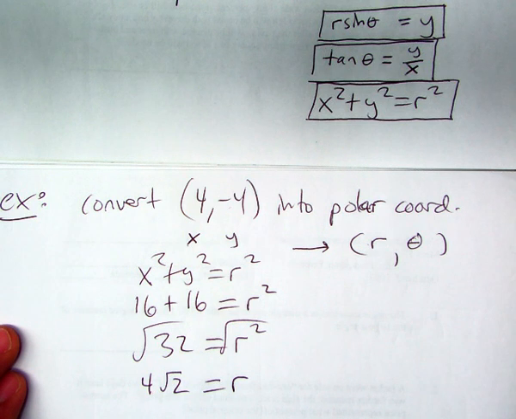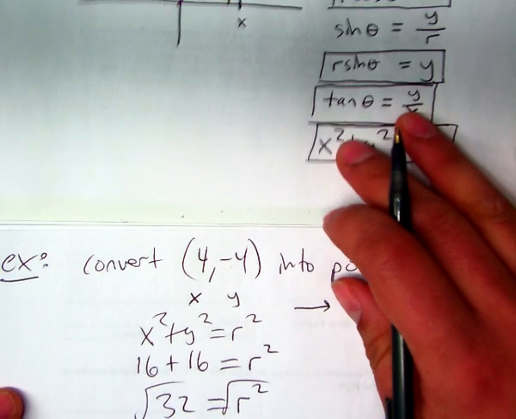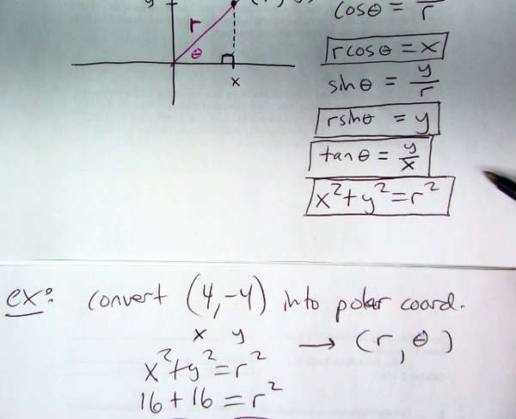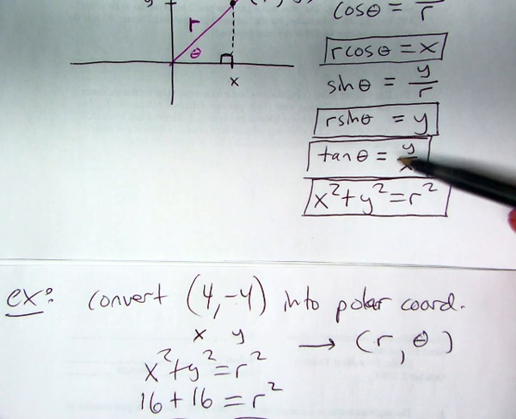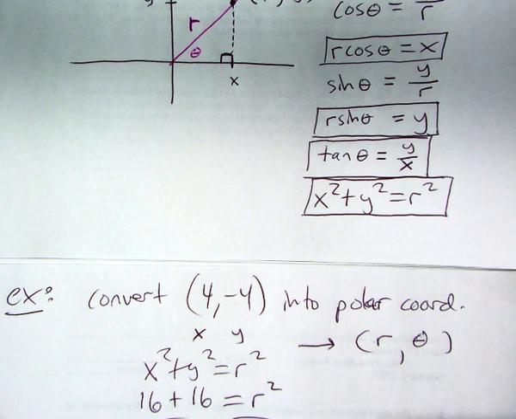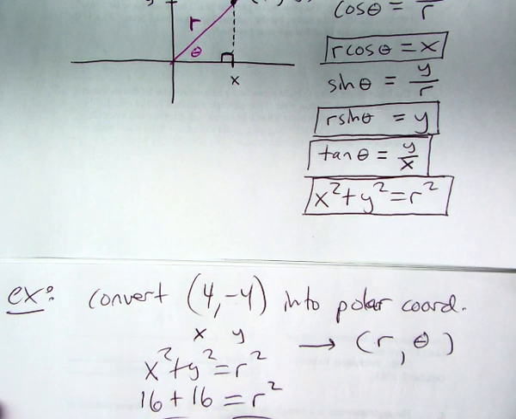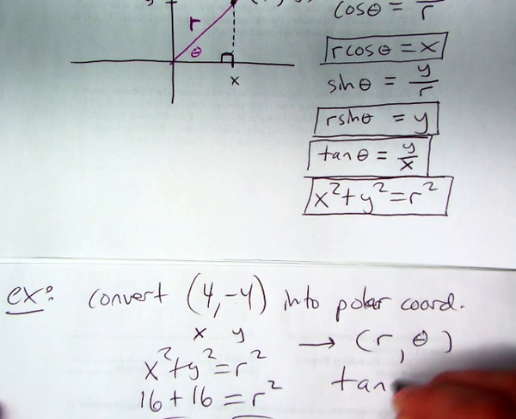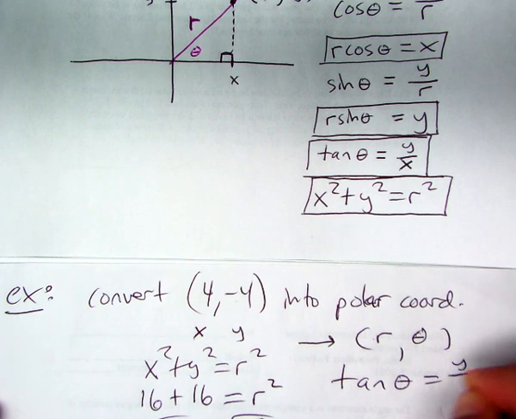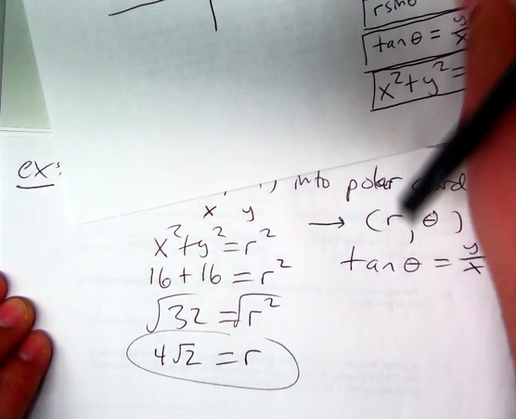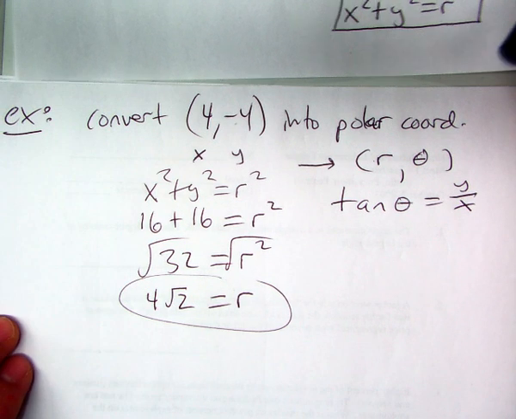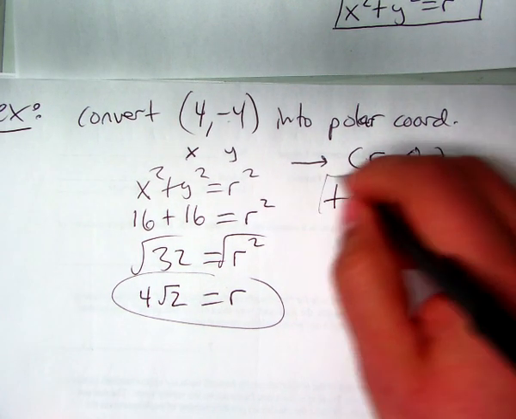Now, you have several options to find your angle. You could do r cosine, r sine. This one's a little easier, though, because it just works with y's and x's only. So to find the angle, I would do tangent theta equals y over x. So here's the equation we're using.